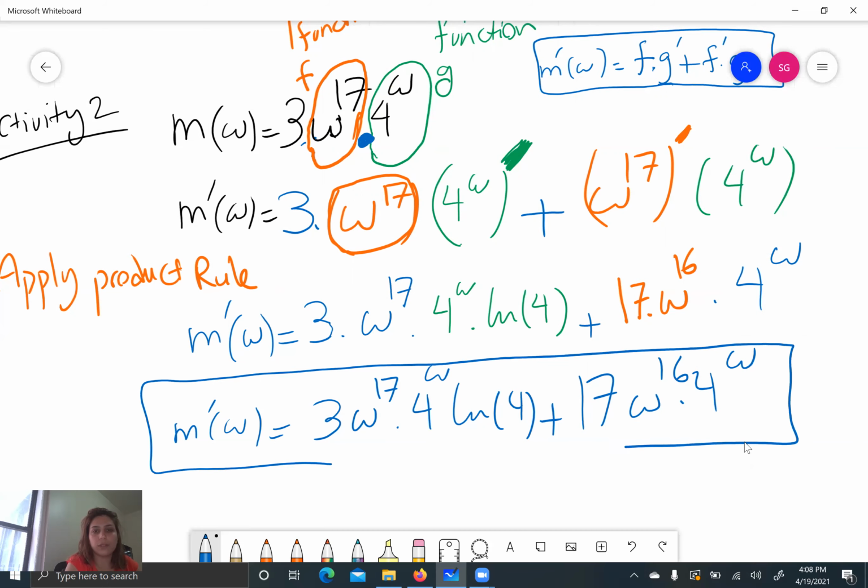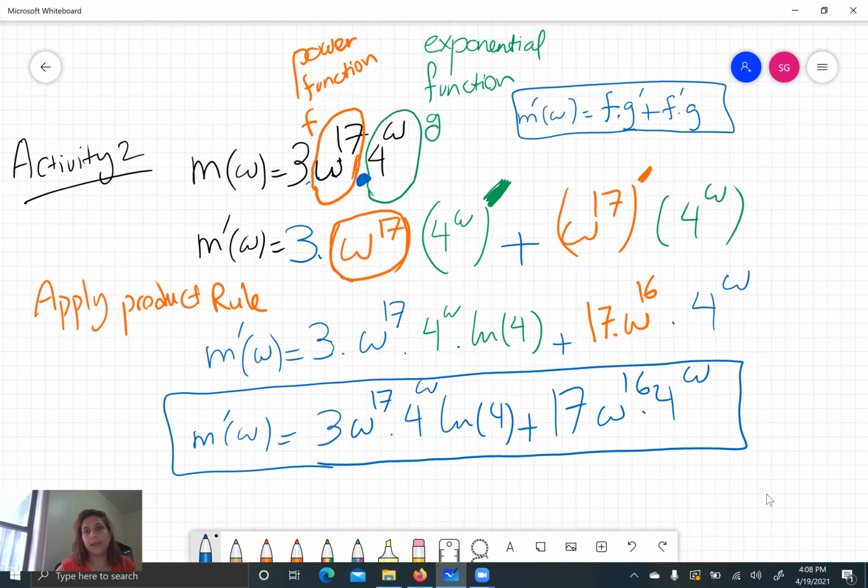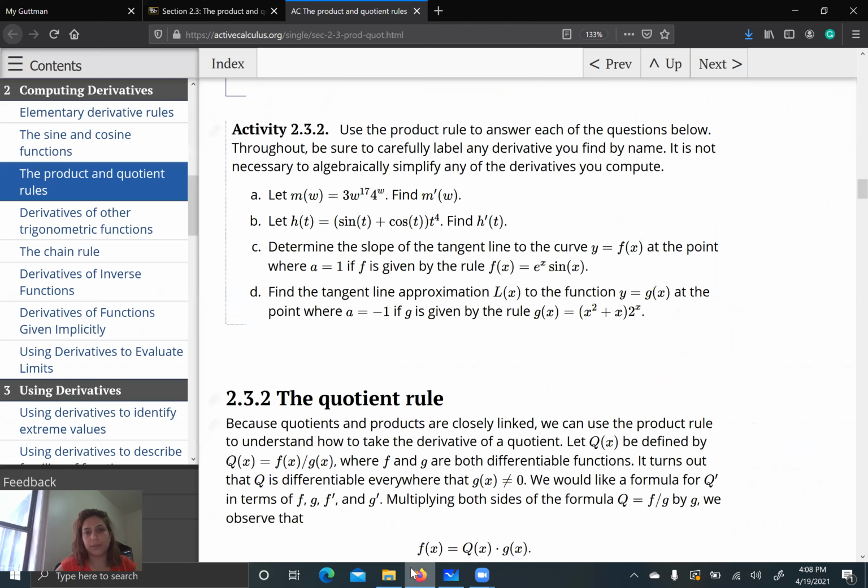So we just apply the product rule in order to calculate this derivative. Let's do this one. This is h of t, sine plus cosine multiplied by t to the 4.